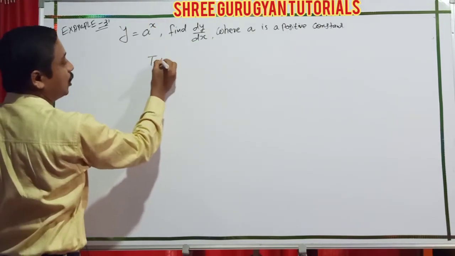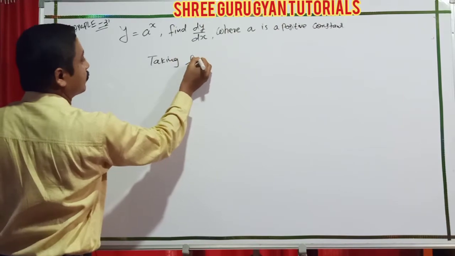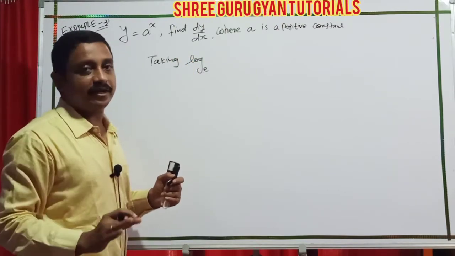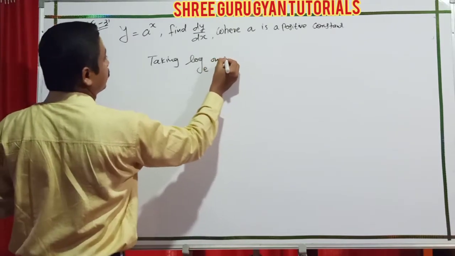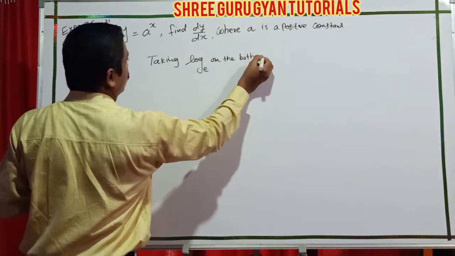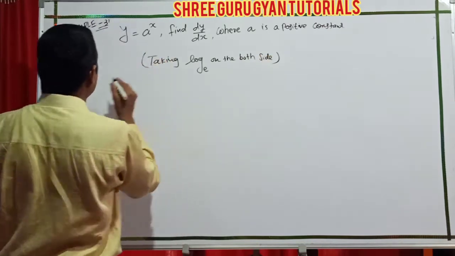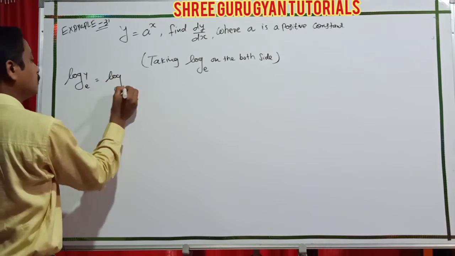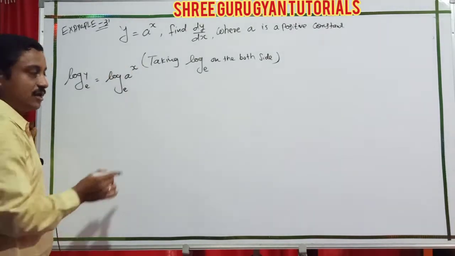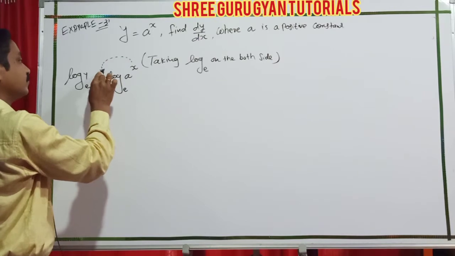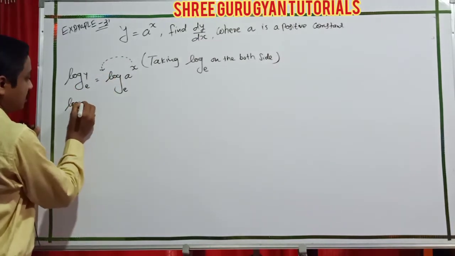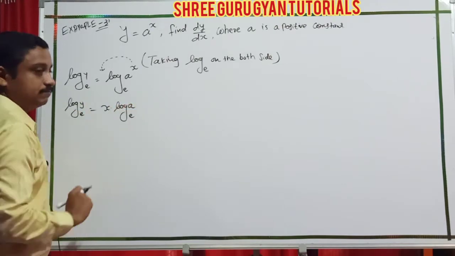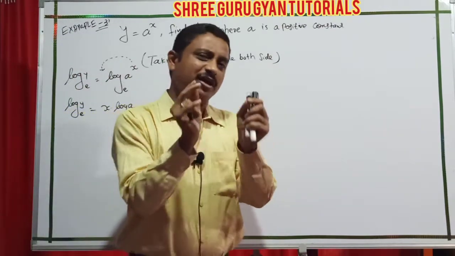I take log with the base e on both sides. So log y base e equals log of A raised to x to the base e. Now this x carries forward, so you get x into log a base e, and we start our derivative rule easily.